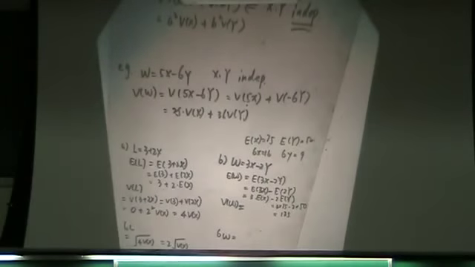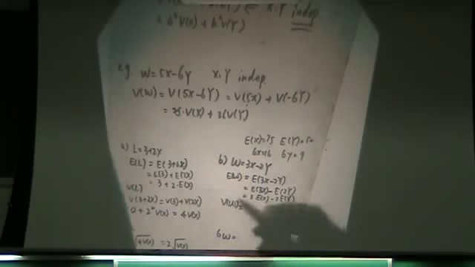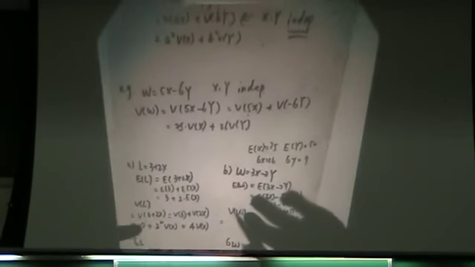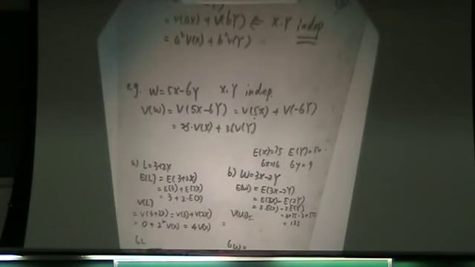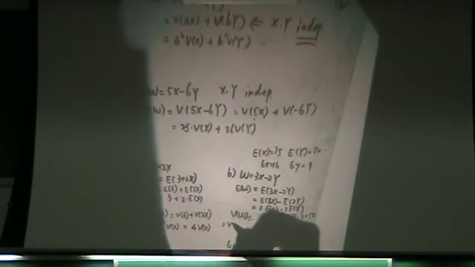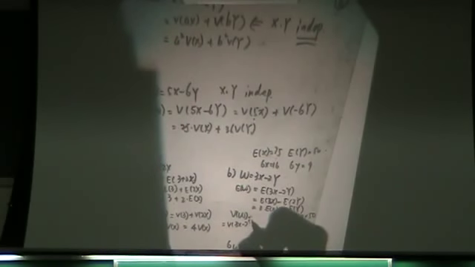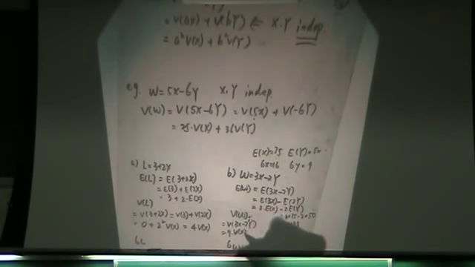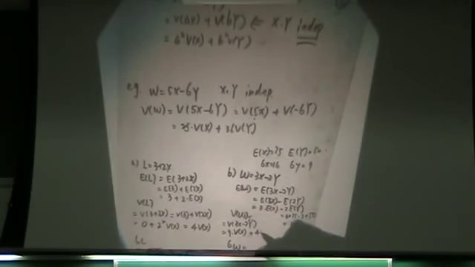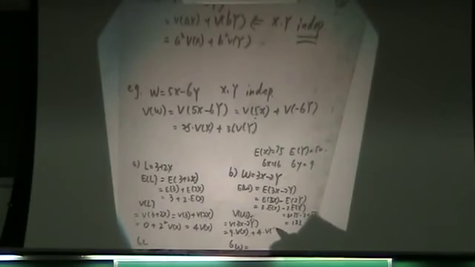So for the variance of the random variable W, this one. So this is the variable 3X minus 2Y, which will give you 9 times the variance of X plus 4 times the variance of Y here.